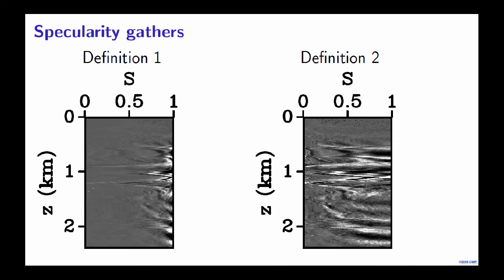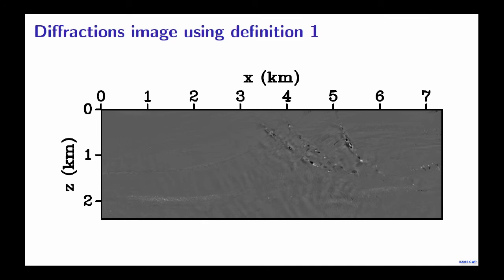After making a suitable choice of weights, we create this diffraction image using definition 1, and this is the diffraction image using definition 2. Again, these two images are comparable.